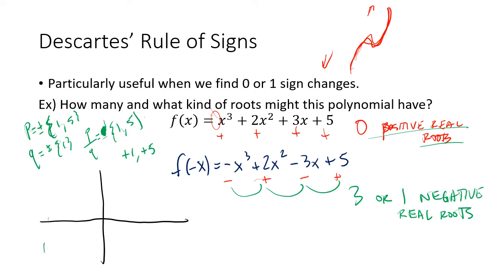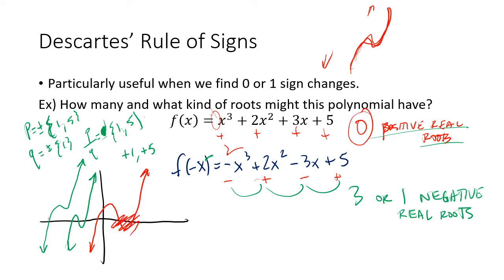It could cross the x-axis on the negative side once, or it could cross the x-axis on the negative side 3 times. It cannot, under any circumstances, do something like this, where it crosses and has positive roots, because we know there are 0 positive roots, so this couldn't be.